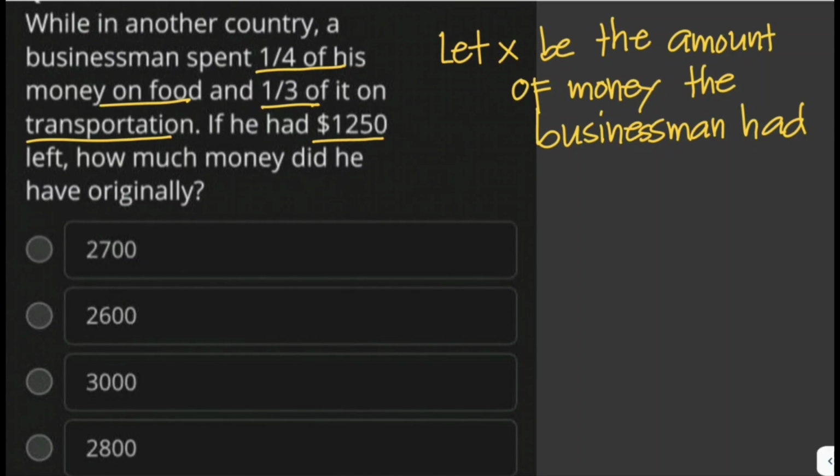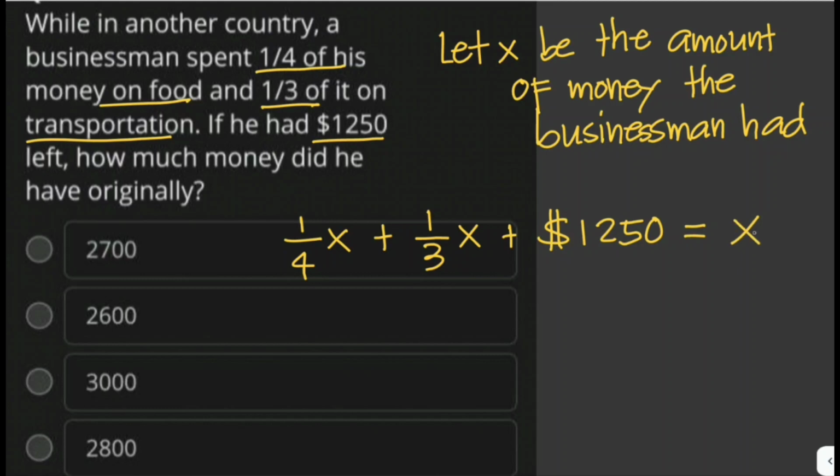So we can just add up everything and equate it to X. So that would be 1/4 of X for food plus 1/3 of X for transportation, and then what was left, which is $1,250, equals the total amount of money he had originally. So we can add up 1/4 X and 1/3 X because they are like terms. So we get the LCD.